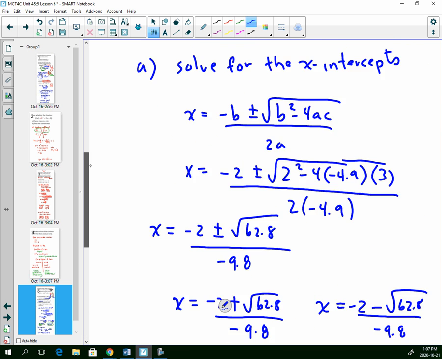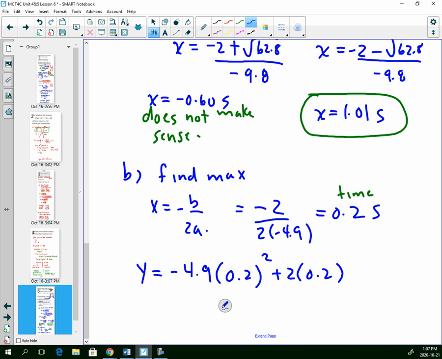What's the last number? 3? Yep, plus 3. Okay, so we'll just figure this out. And we get 3.2, let's say meters. I think it's in meters.